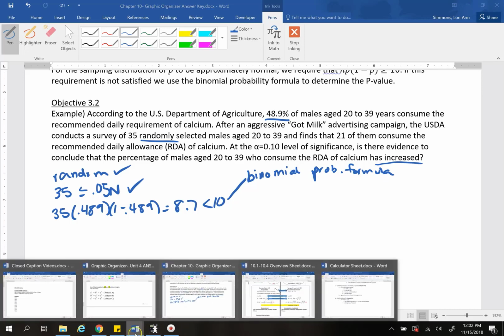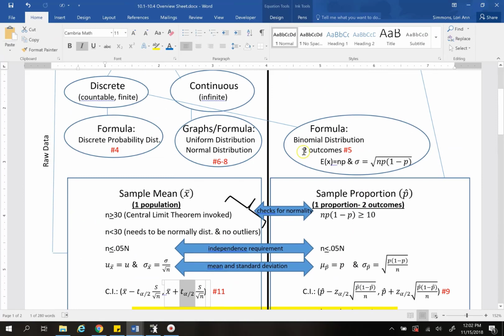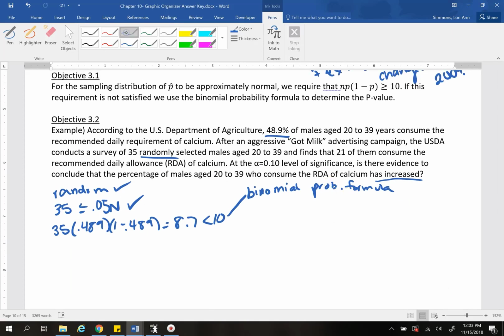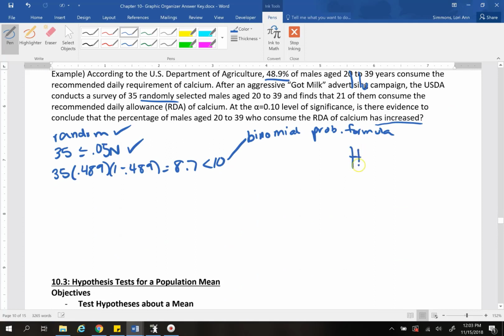If you look at your overview sheet, again, we're on this side, and here is the binomial distribution formula. So number 5 on your calculator sheet. So let's set up our null and our alternative.